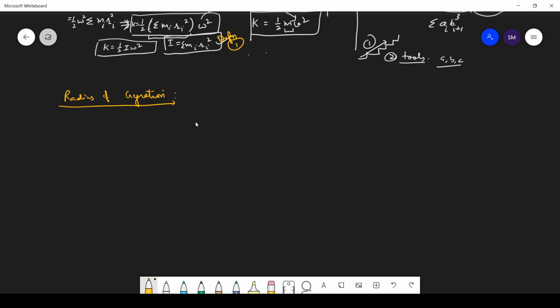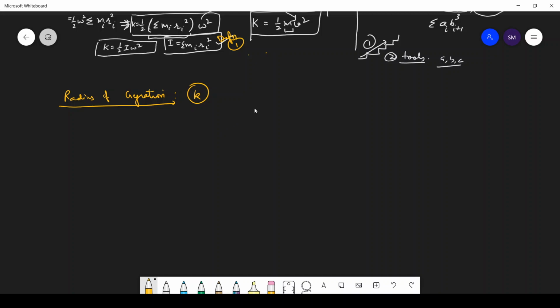This radial distance is called radius of gyration and is denoted by a small k, because capital K is for the kinetic energy. The radius of gyration of a body about its axis of rotation may be defined as the distance from the axis of rotation at which, if the whole mass of the body is concentrated.